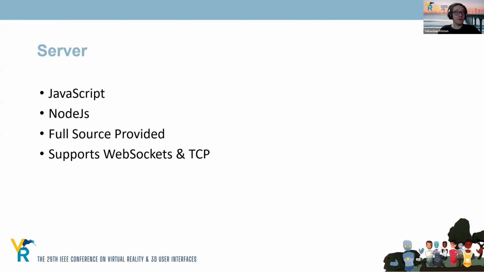The server itself is written in JavaScript for Node.js, and the source is provided in full. And the motivation for using this technology stack is that it is very mature and it makes deploying a new server very easy. So it's very important to us that it's not just possible, but that it is practical and easy to quickly create entirely local deployments of Ubiq, either for a group or even a particular experiment.